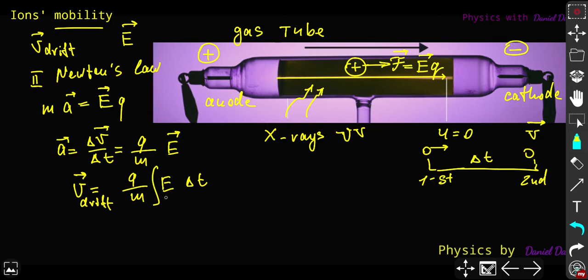Obviously, the electric field might be non-uniform, but for simplicity, we assume that we have a uniform electric field.